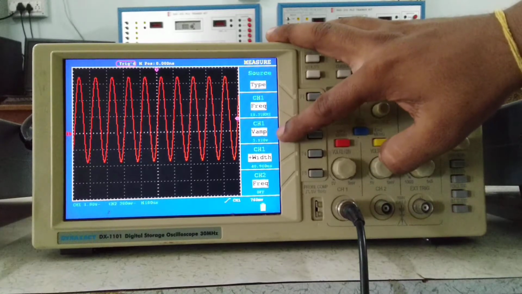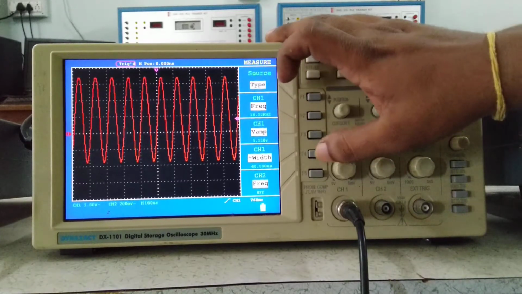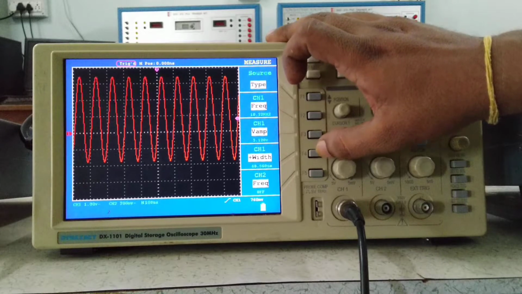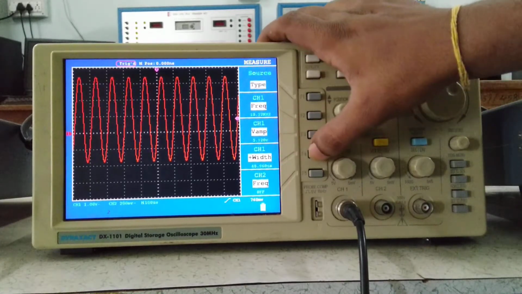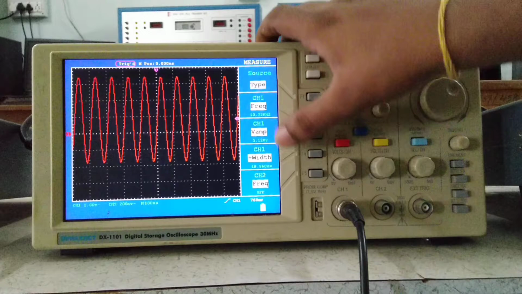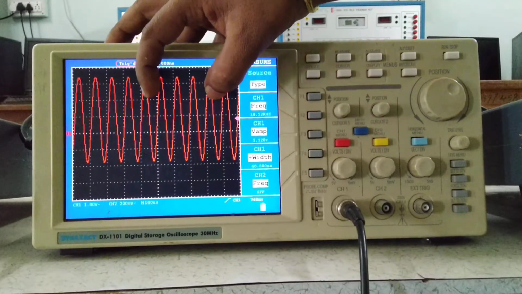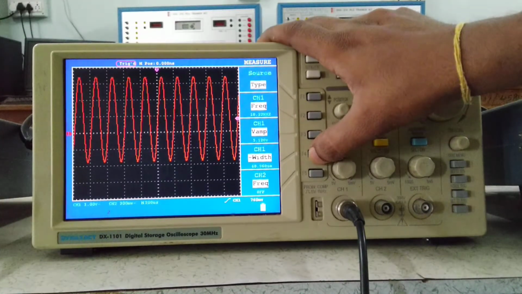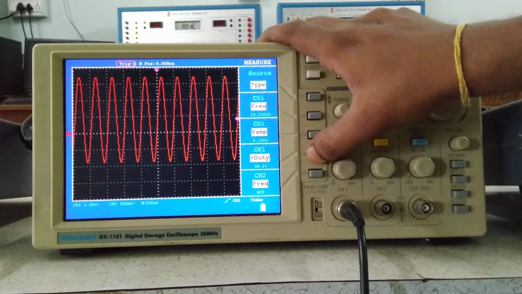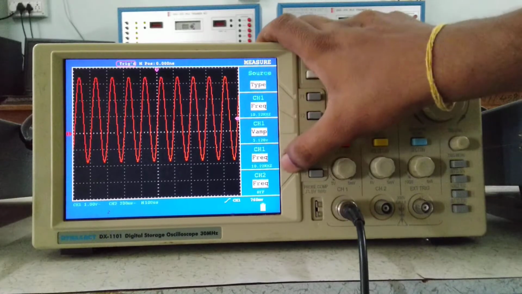At the same time, as I have already told you, we can see various other parameters of the signal also, like width of the signal in microseconds, 48.0, that is the width of the cycle, then negative width, duty cycle, negative duty cycle, delay between the signals, and the frequency.